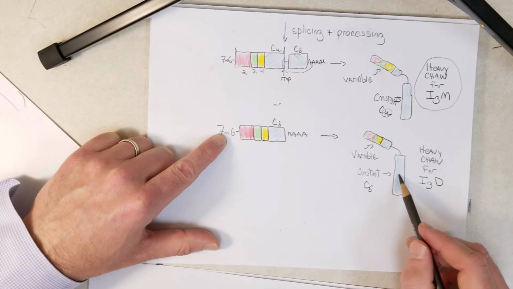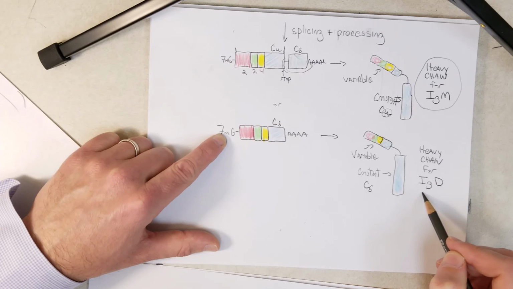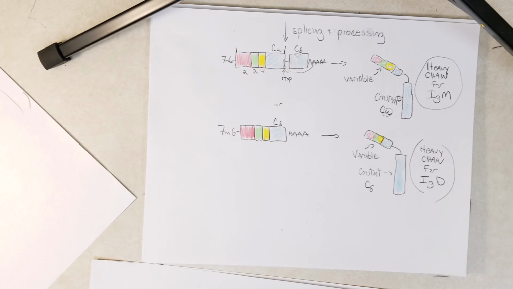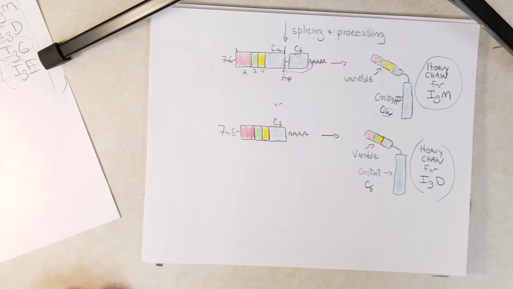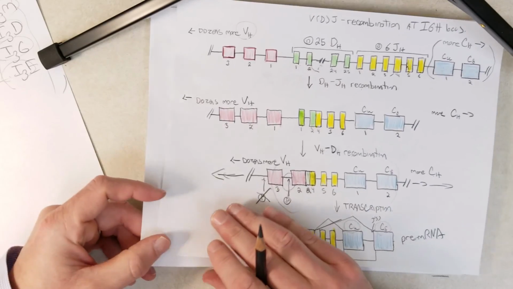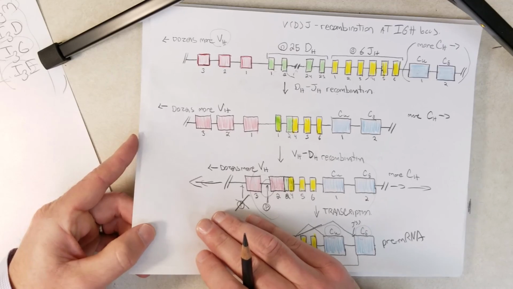When this is used in an immunoglobulin, it is the IgD isotype. So that's essentially an overview of VDJ recombination at the IGK, IGL, and IGH loci.